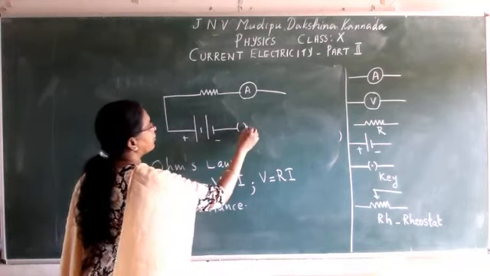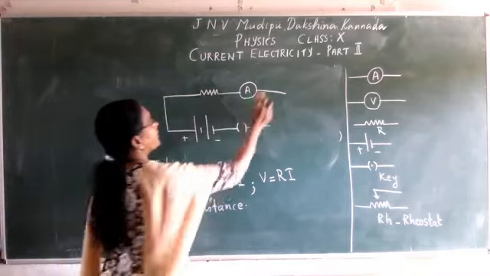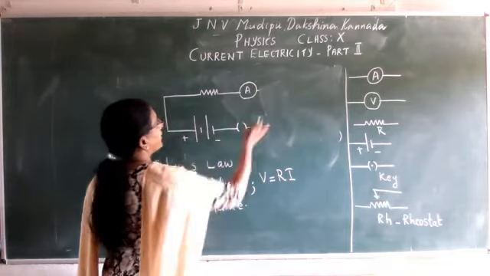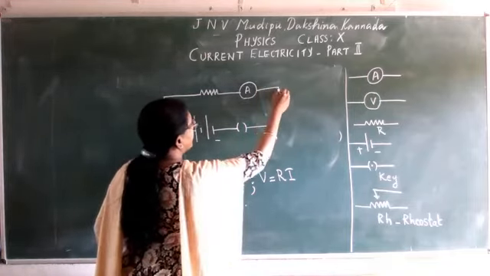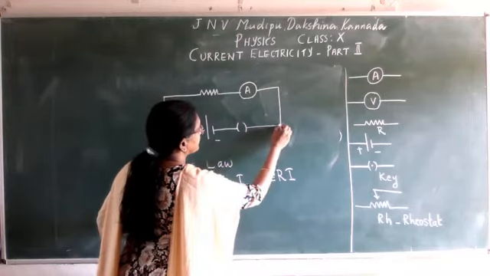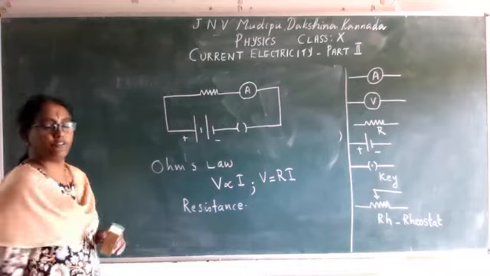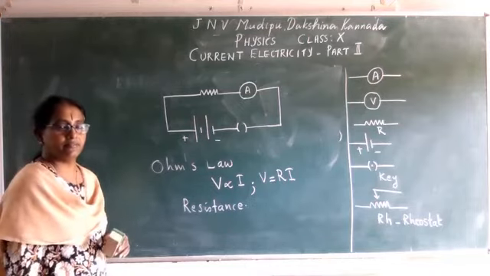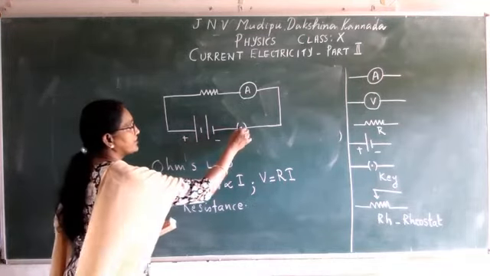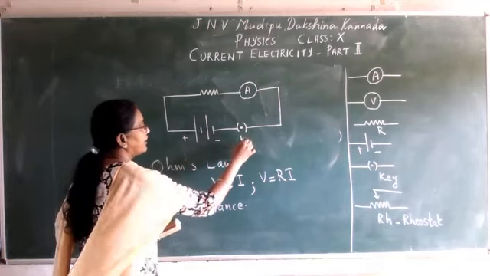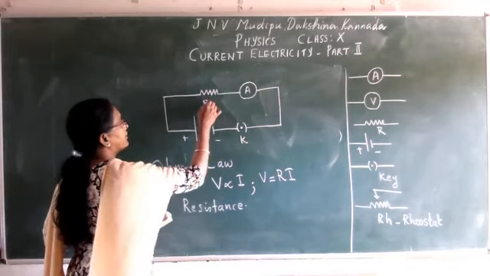This should have an operating system. We can operate the circuit with the help of a key. So if you connect, this becomes a complete circuit, but current will not flow through the circuit. Why? Because you have not closed this. If you close the key, the current will pass through.